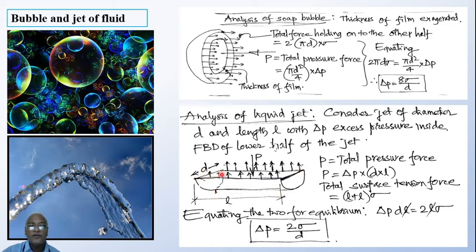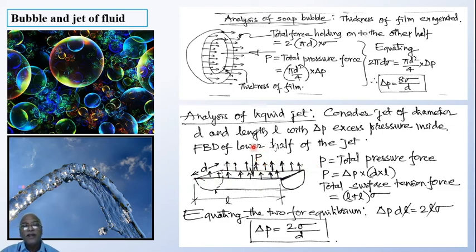On the surface, it is a rectangle with the width D and length L. Now surface tension force will be acting along this length as well as along this length. There are two lengths which will be holding the surface tension force.